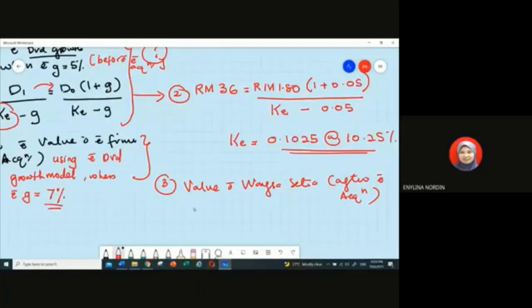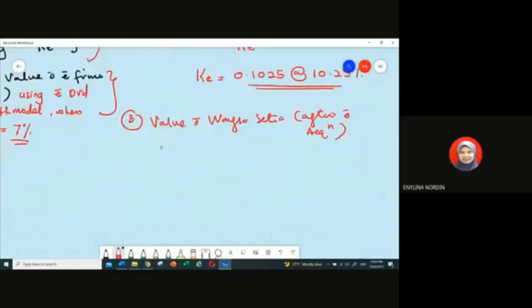So we go back to the formula of the dividend growth model: the price of Wangsa Setia, this time after the acquisition, equals the expected dividend D0 times 1 plus G, which is actually D1. Let me write it as D1 so that you will not be confused.